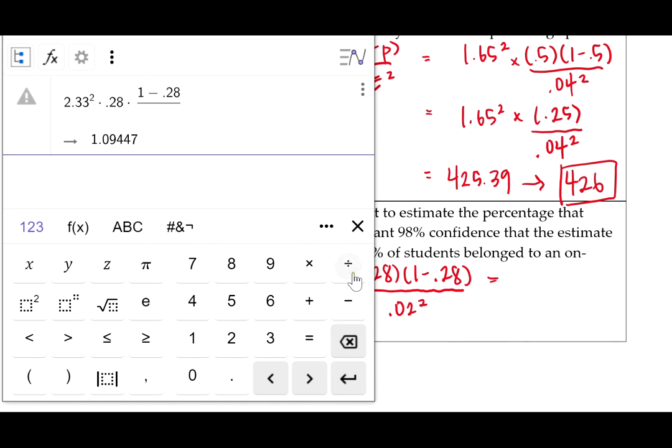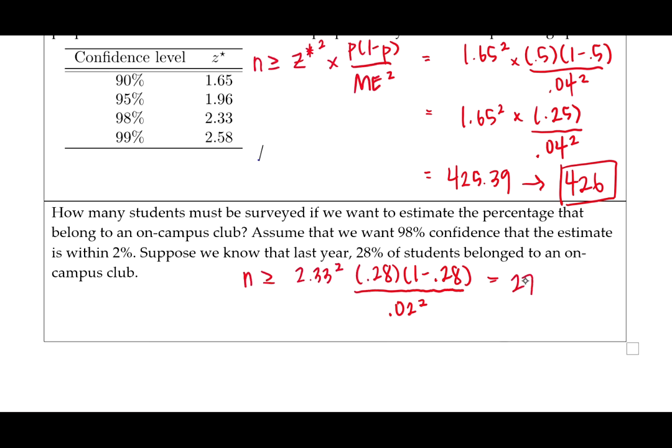And then I'm going to divide by 0.02 squared, and that gives me 2,736.17. And again I need to round up, so my answer becomes 2,737 as the sample size needed in order to estimate the percentage that belong to an on-campus club.